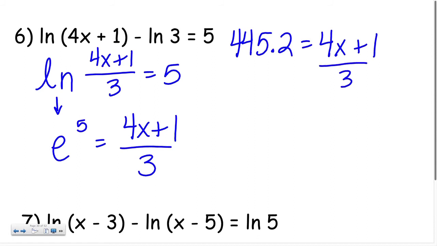All right, we'll get 3 out of the bottom by multiplying. That cancels out. Oh, whoops. Jumped ahead.